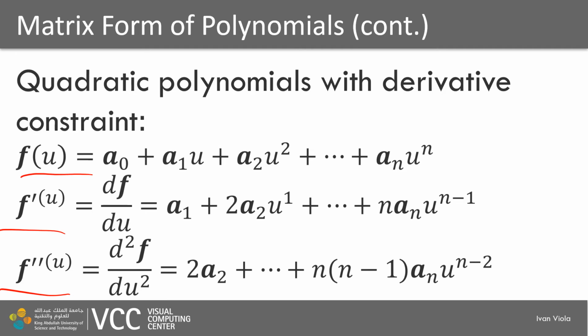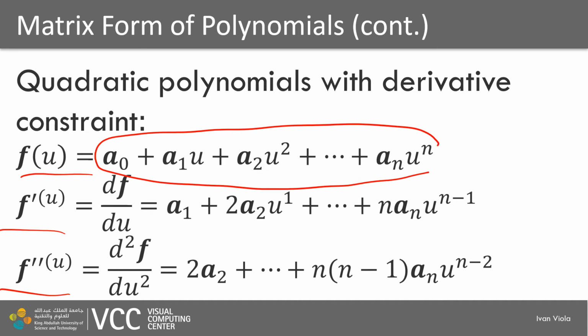Well, we will simply derive our formula for the quadratic polynomial, and we will obtain a linear polynomial where the term a1 and the term a2 will remain, the a0 will be out, and then we will have a different coefficient here because of the principles of the derivation.